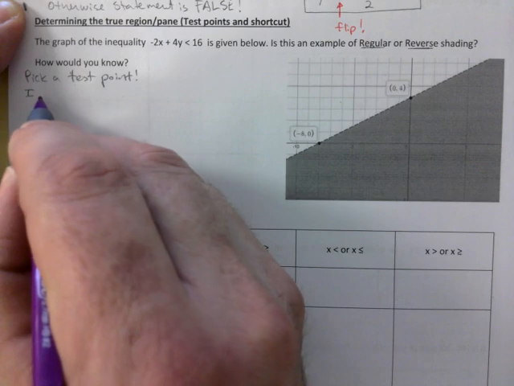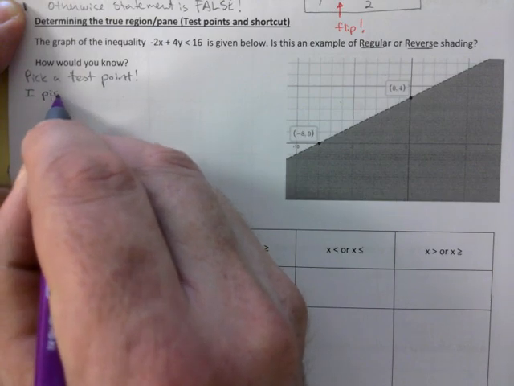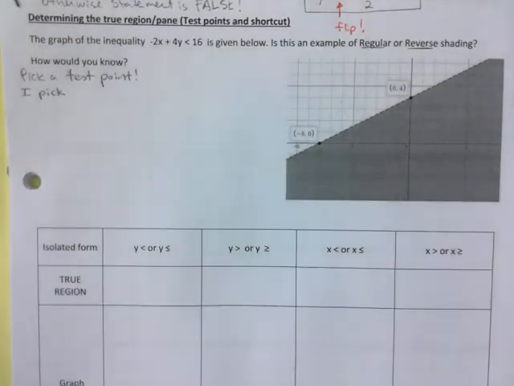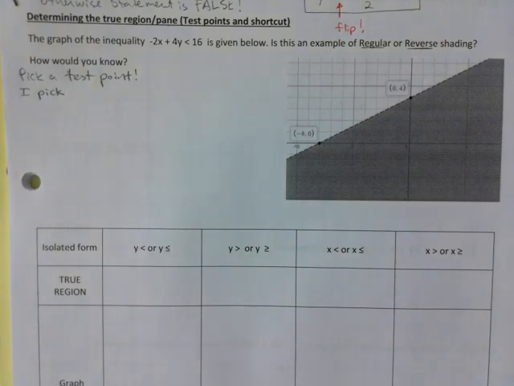Watch this. Which point do you think teachers, in grade 10, told you to pick? What would be the smartest point to pick, the easiest one to work with? Anybody? If you had to pick any point in this graph, which one would you pick?